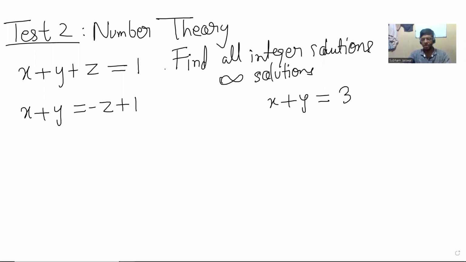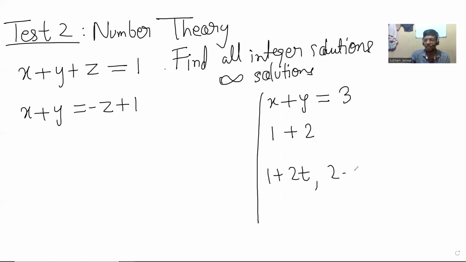I want to produce an example where I will give you infinitely many solutions, but they won't be all the solutions. Does anyone want to try that? What I'm saying is that 1 plus 2 is 3, right? So I can then just say, take this for any integer t.